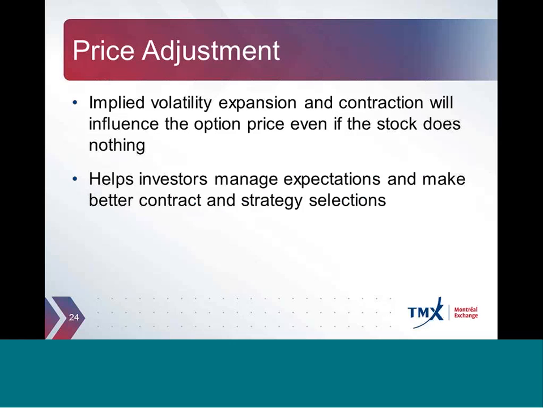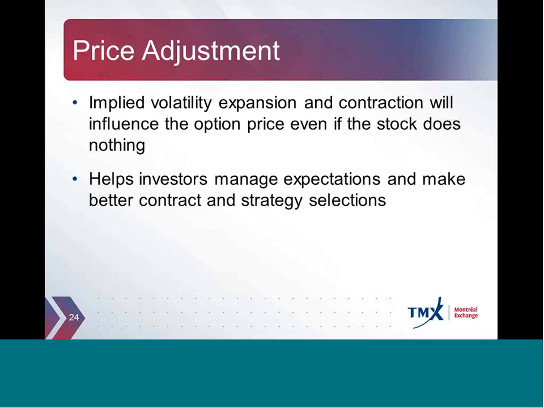So what understanding implied volatility versus historic volatility does is it helps the investor manage expectations and make better contract and strategy selections. For example, if I look at a stock and I can see that the implied volatility of the options contracts is higher than the historic volatility, in other words the market is pricing in a substantial move greater than what the stock has been doing historically, then I'll look to, let's say, a spread strategy.